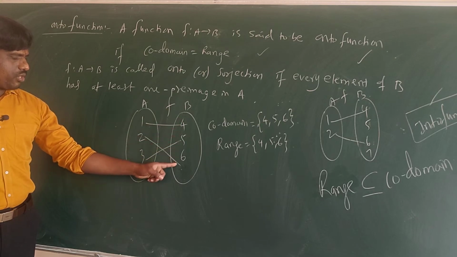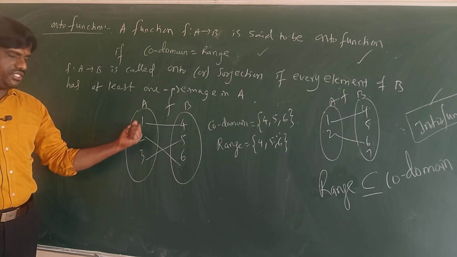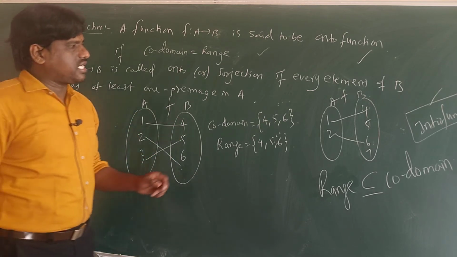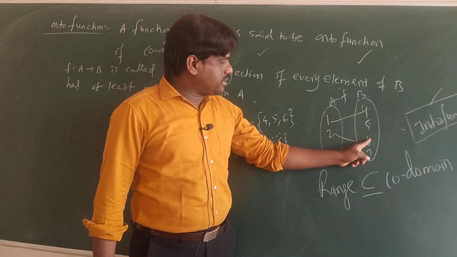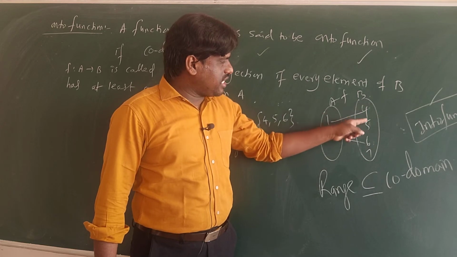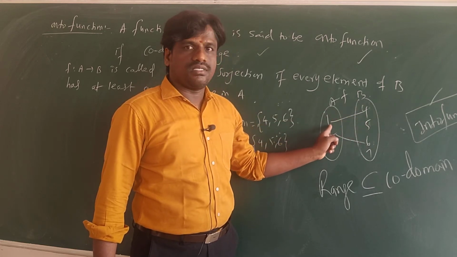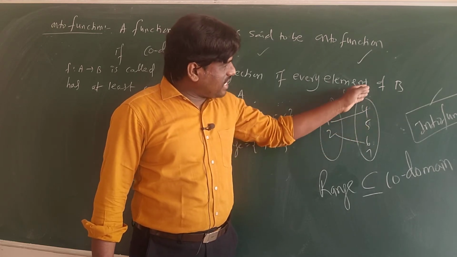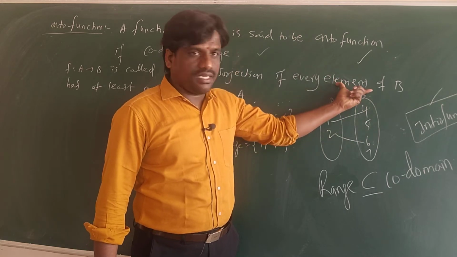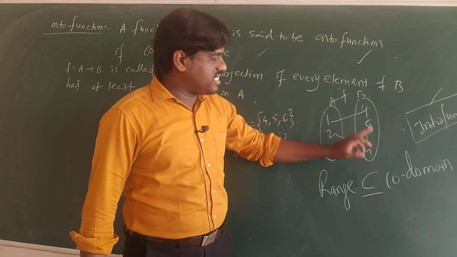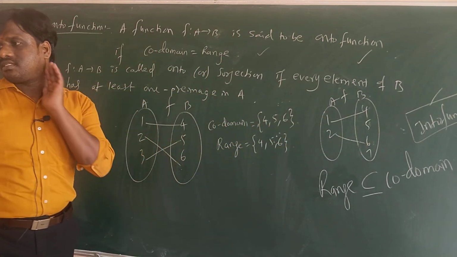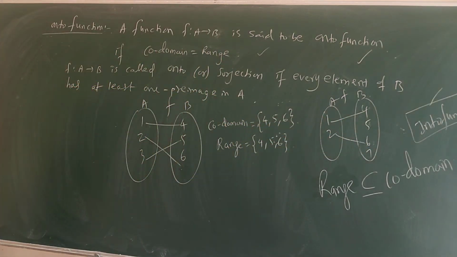Every element of codomain has at least one pre-image. Now here, 4's pre-image is 1, 6's pre-image is 2. Now see that 5 has no pre-image. So every element of B must have at least one pre-image, but here 5 and 7 do not have pre-images. So that is the meaning of that.